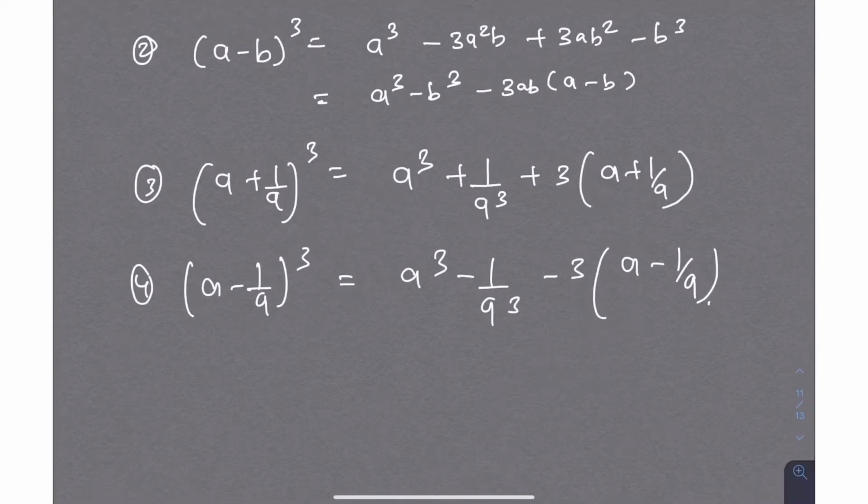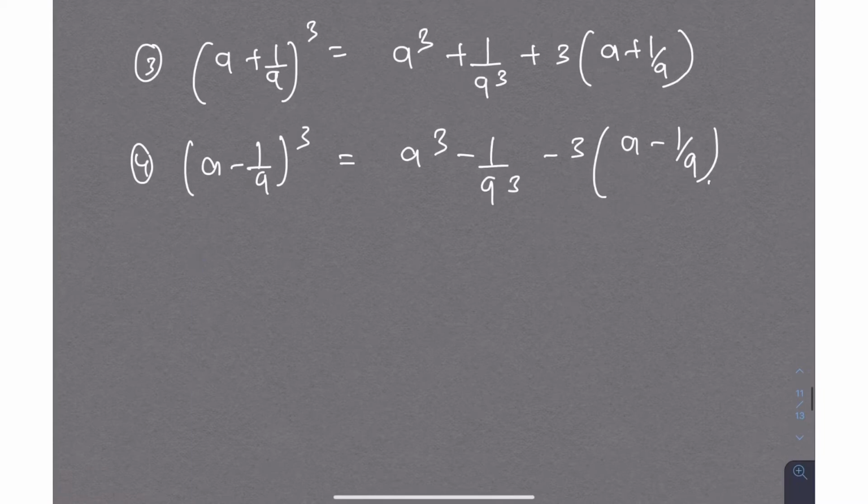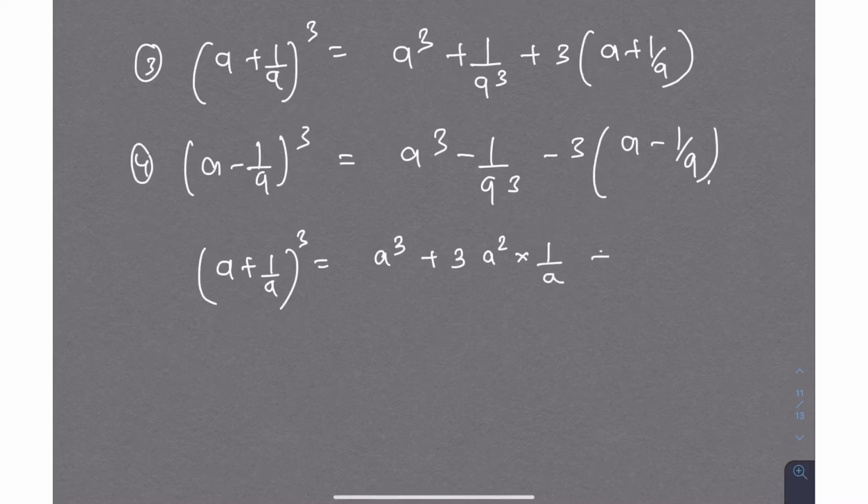Still, I will show you how to expand a plus 1 upon a the whole cube and how exactly we are getting these values. Suppose we have a plus 1 upon a the whole cube, and if we use the formula, what we get is a cube plus 3a square b plus 3a b square plus b cube.